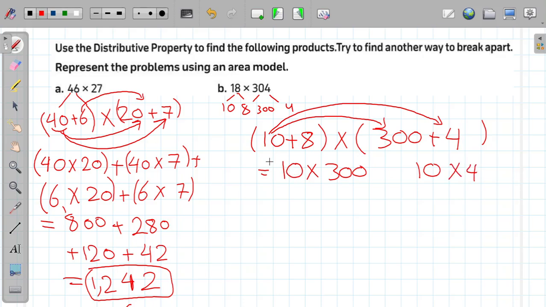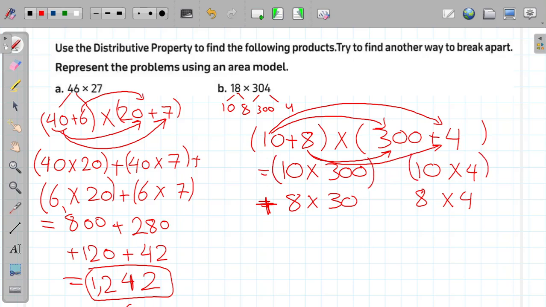Next, I want to multiply 8 times 300 and 8 times 4. This is the first bracket. This is the second bracket. This is the third bracket. And this is the fourth bracket.